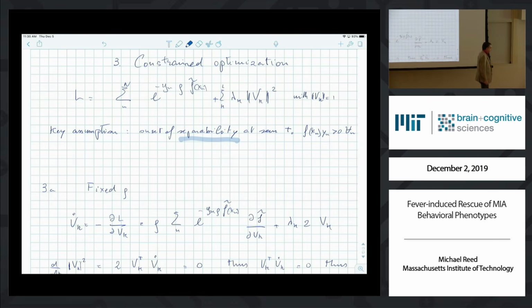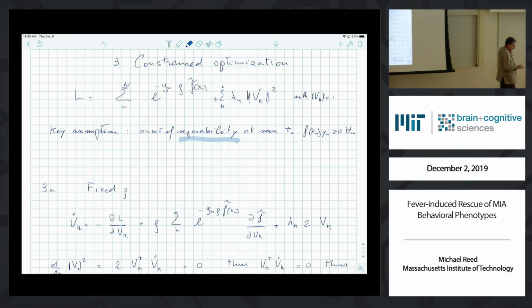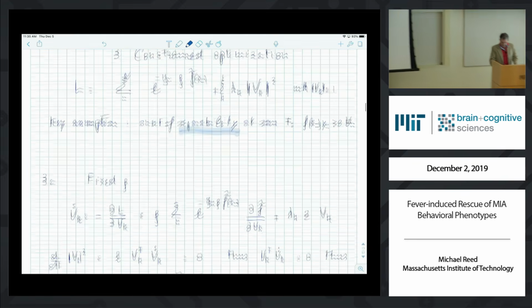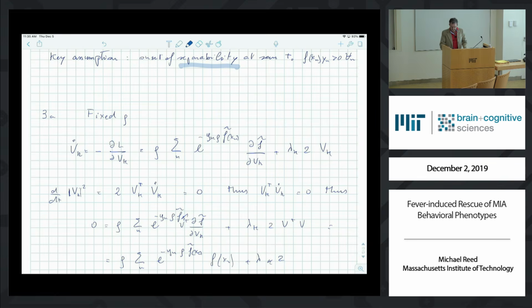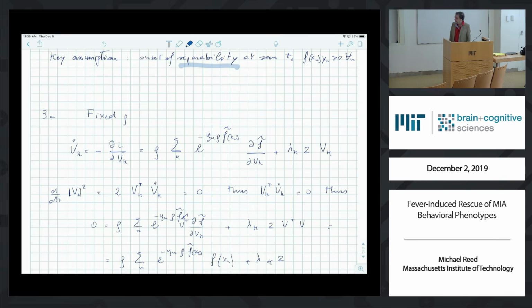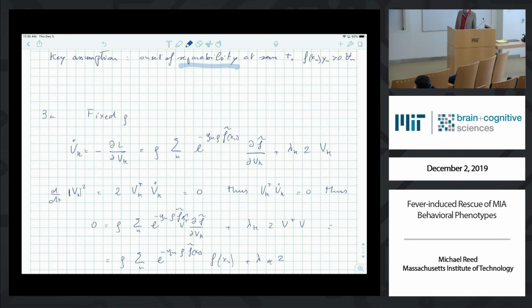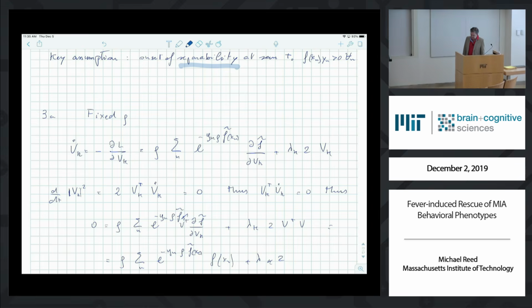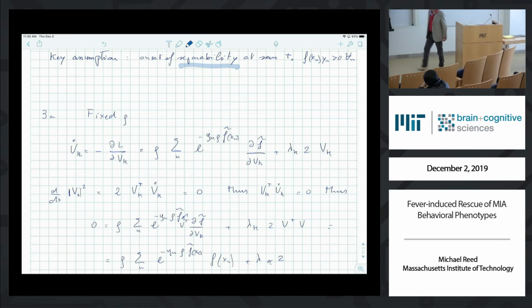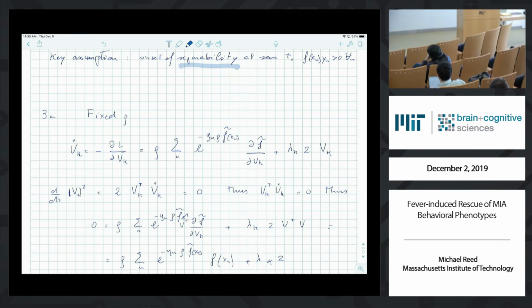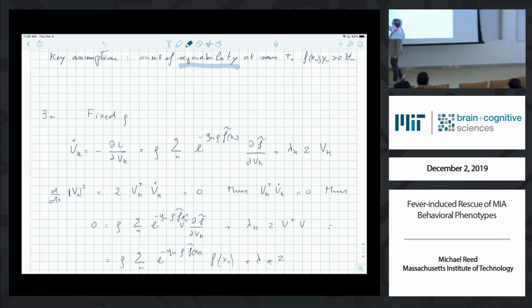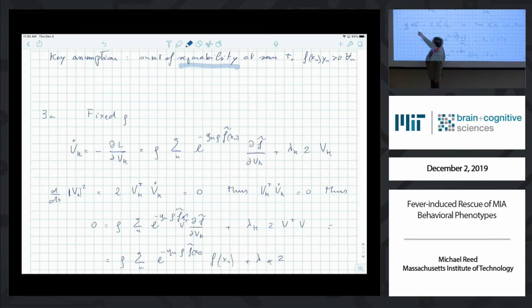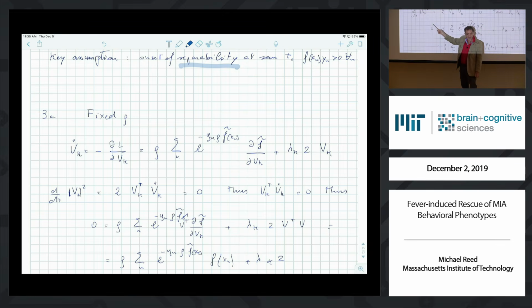And I can actually eliminate lambda by imposing the condition that the norm of V_k is 1. If the norm of V_k is 1, then the time derivative of this should be 0, because it's constant.